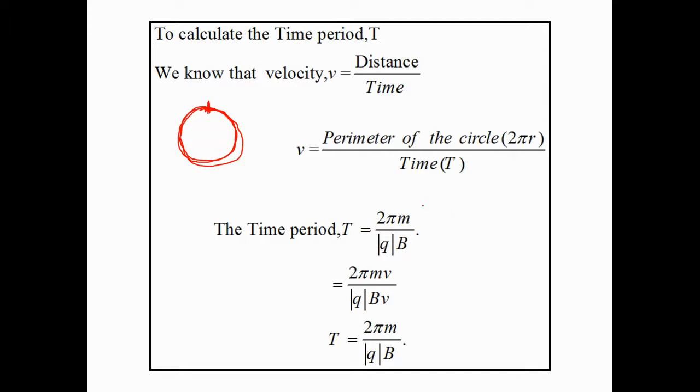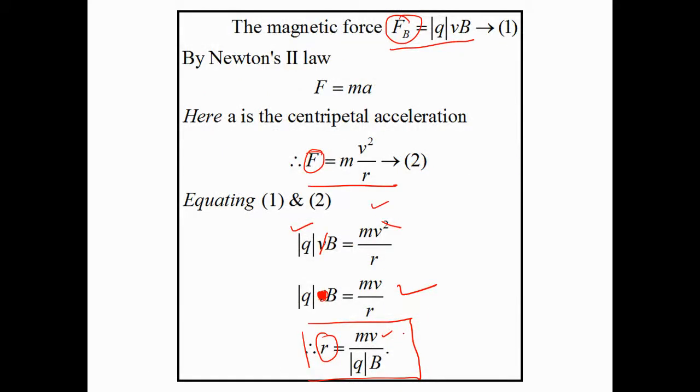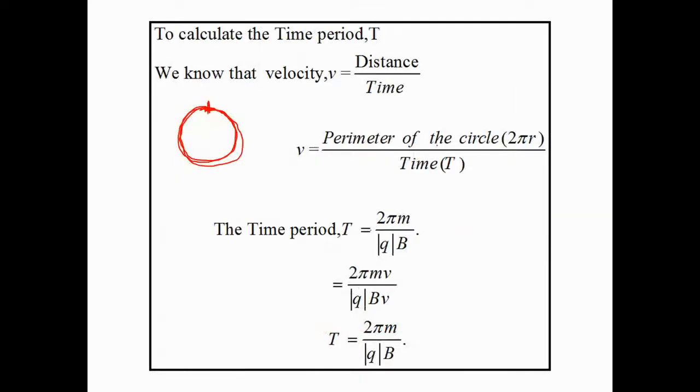How did we get this? I'm just using the formula here. In the place of r, I took this value of r. What is our r? r is equal to mv divided by q multiplied by B. So I'm going to take this r value and substitute it.